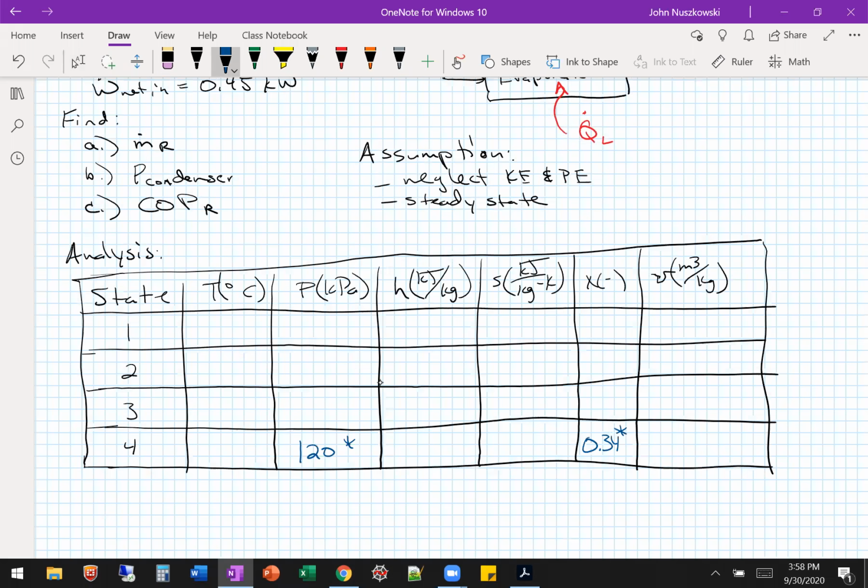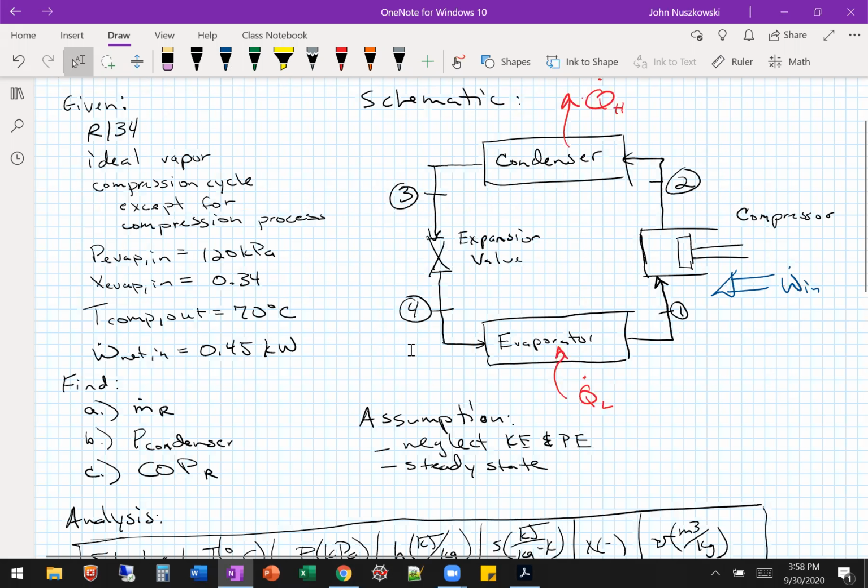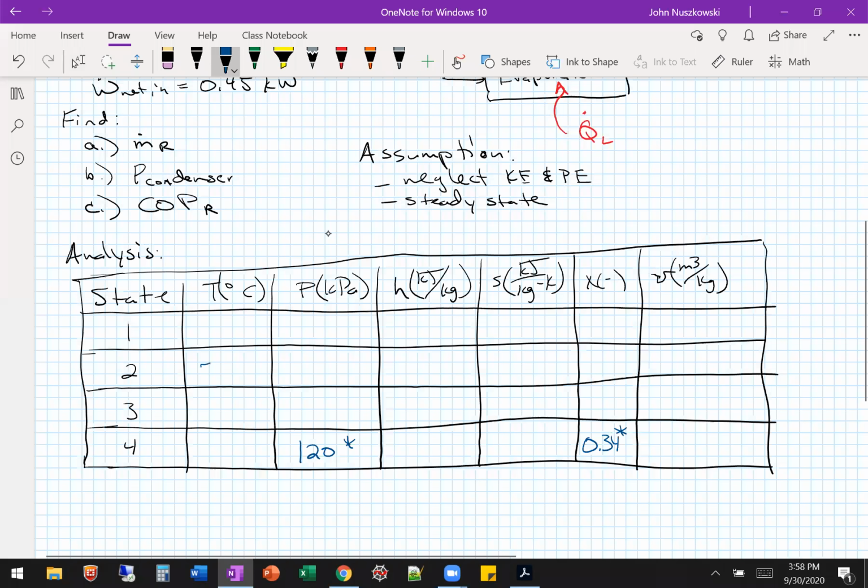And then they also gave us the temperature of the compressor out. That's state 2, so this was T2. This is P4. This was quality 4. Now we know our cycle, we know how to label it. So for state 2, we have 70. So we have that.